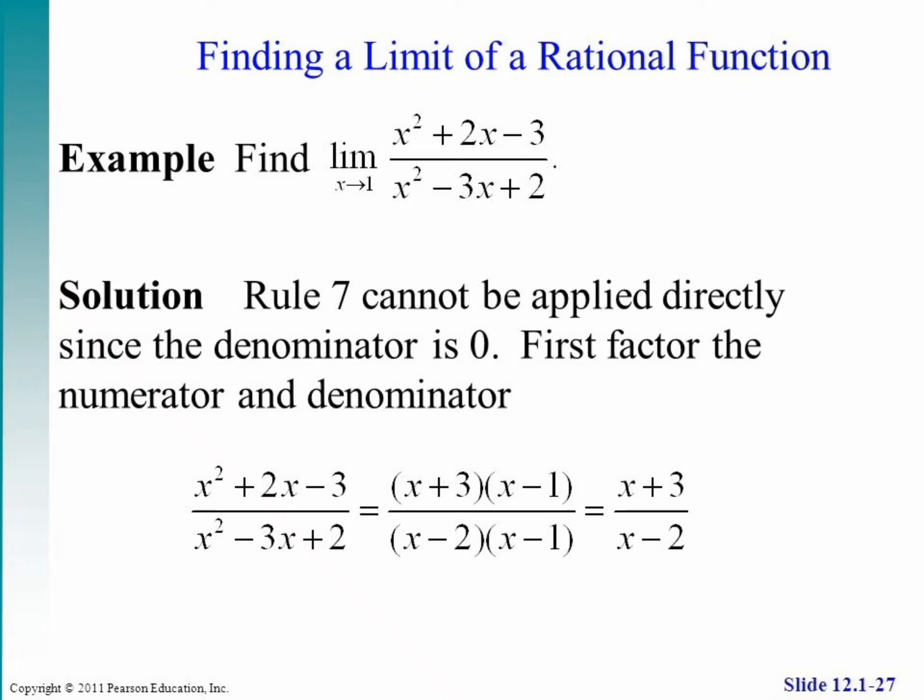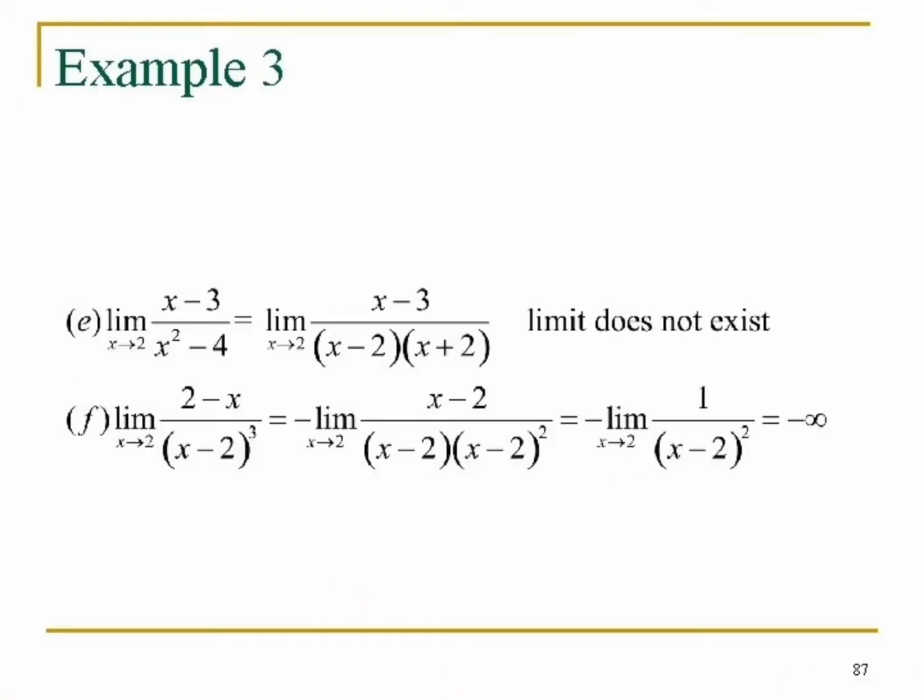But in this example, the denominator will give you 0 if you don't simplify. So you have to simplify it before substituting the value of the limit of x. If after the simplification the denominator still gives you 0, like the example 3 letter E, then the limit does not exist.